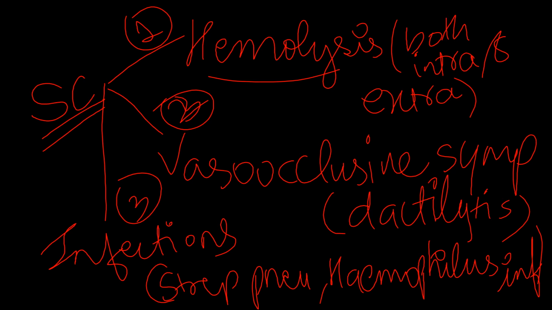The third manifestation that we see is infections. Patients with SCD, or sickle cell disease, are predisposed to infections with encapsulated organisms, for example Streptococcus pneumoniae or Haemophilus influenzae, because repeated splenic infarcts cause functional asplenia.